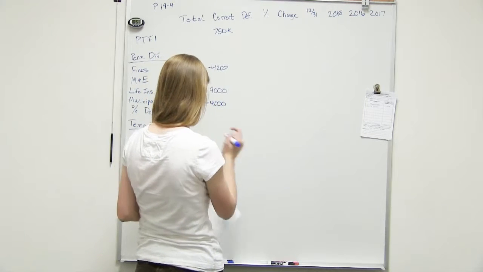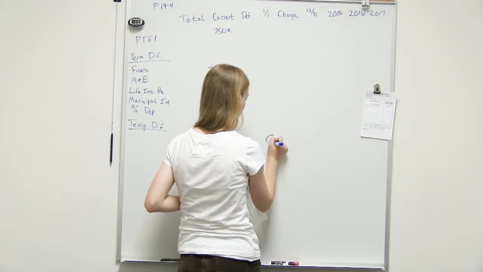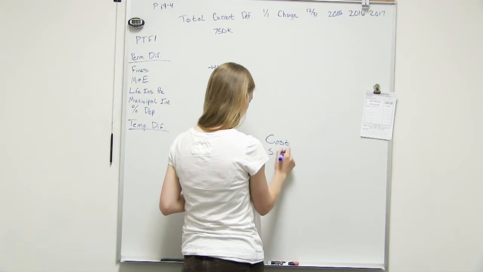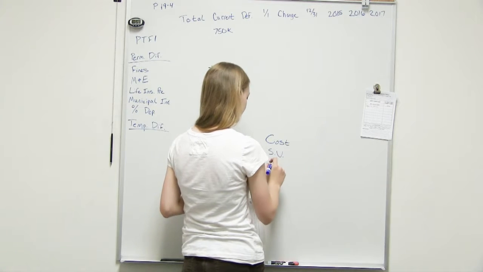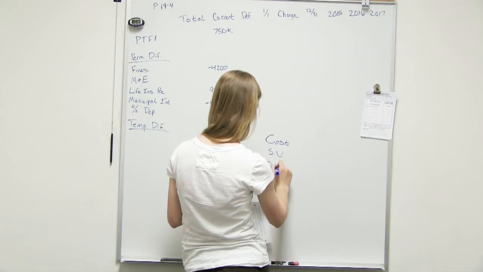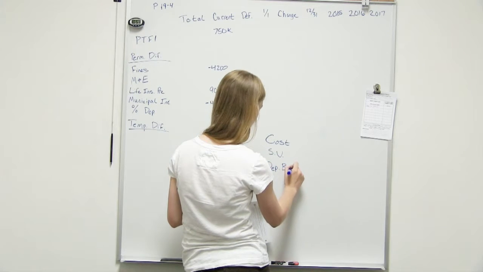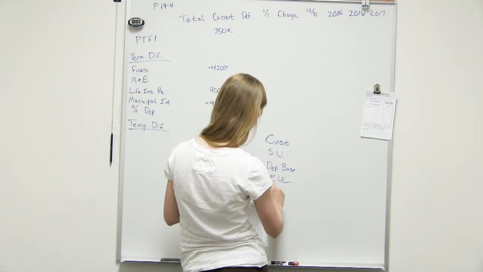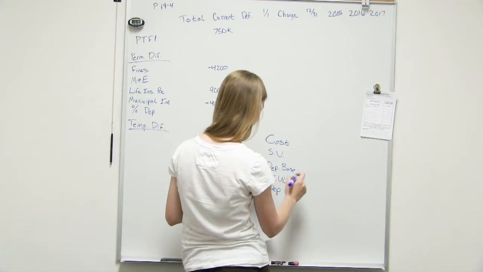So this will be for the depreciation. We're gonna have the cost of the asset, salvage value, even though there isn't any, our depreciable base, and then estimated useful life, and then the depreciation.